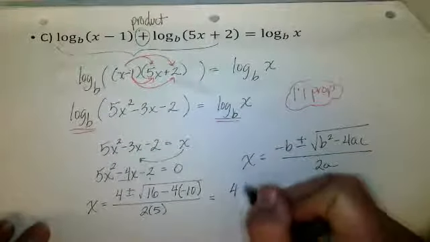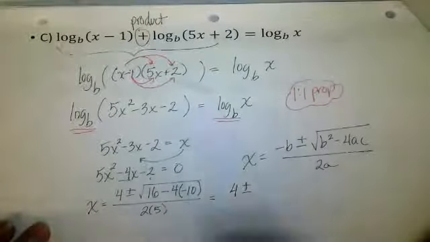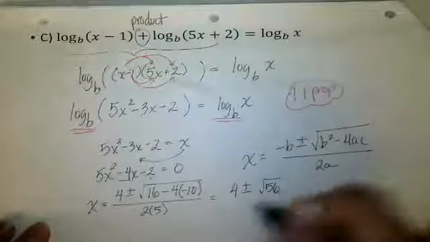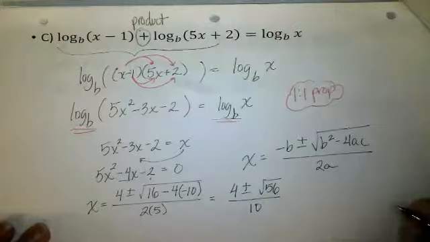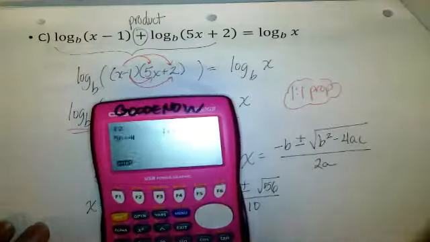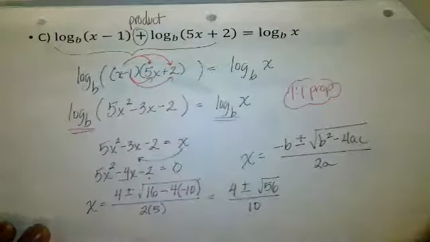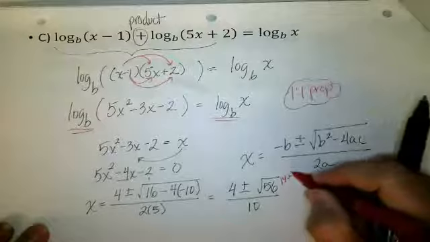And then let's see, 4 plus or minus, this becomes 16 plus 40, which is 56. I think 56 is divisible by 4. Yeah. All right, 56 is 14 times 4.